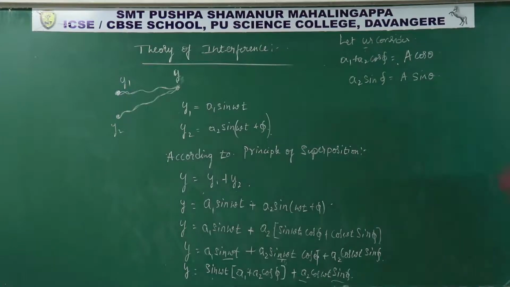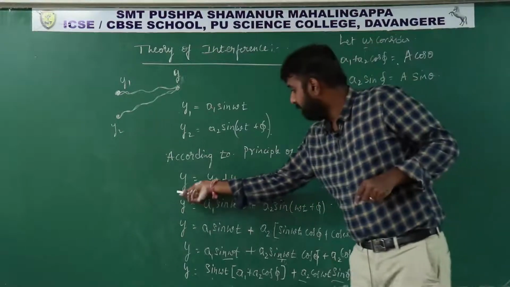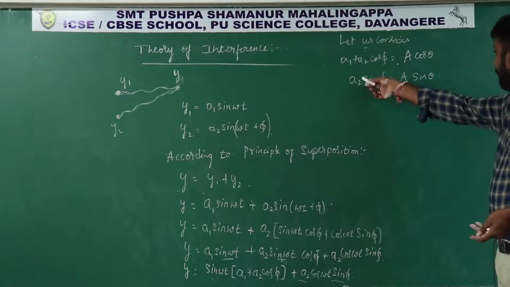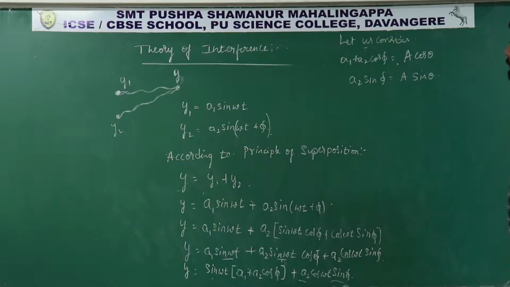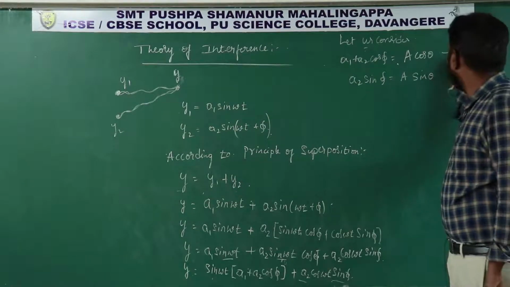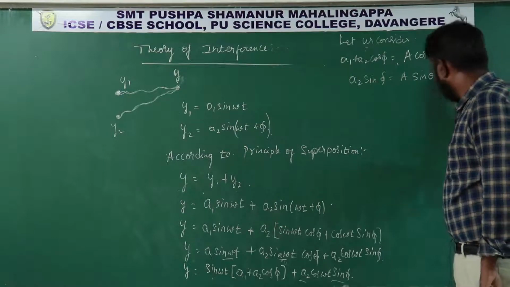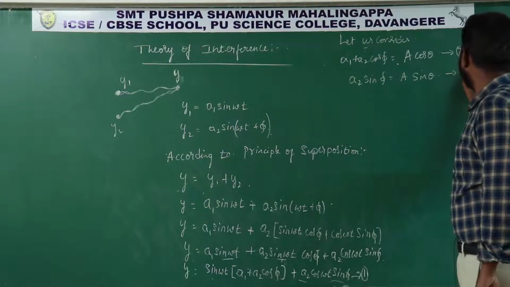So we are trying to obtain the equation for the resultant wave. For that we are considering a1 plus a2 cos phi as A cos theta and a2 sin phi as A sin theta. So let us take this as equation 2 and this as equation 3, and this as equation 1.